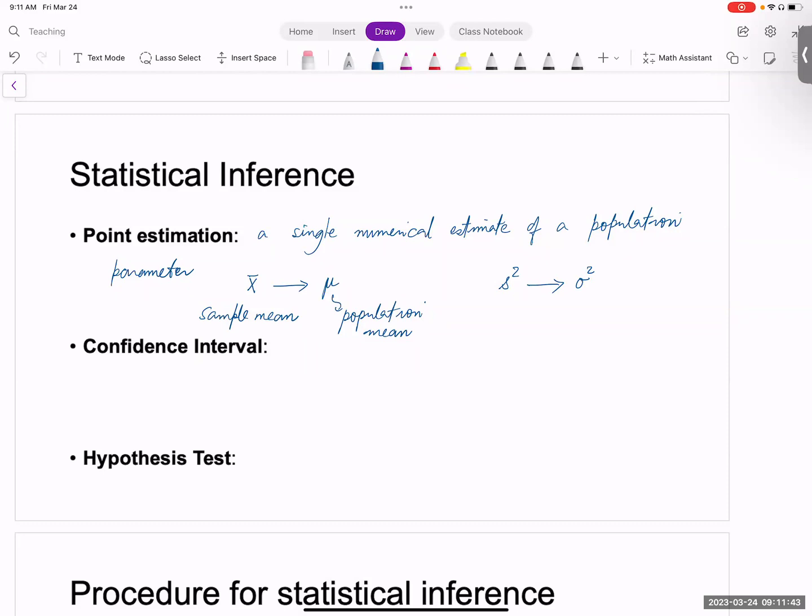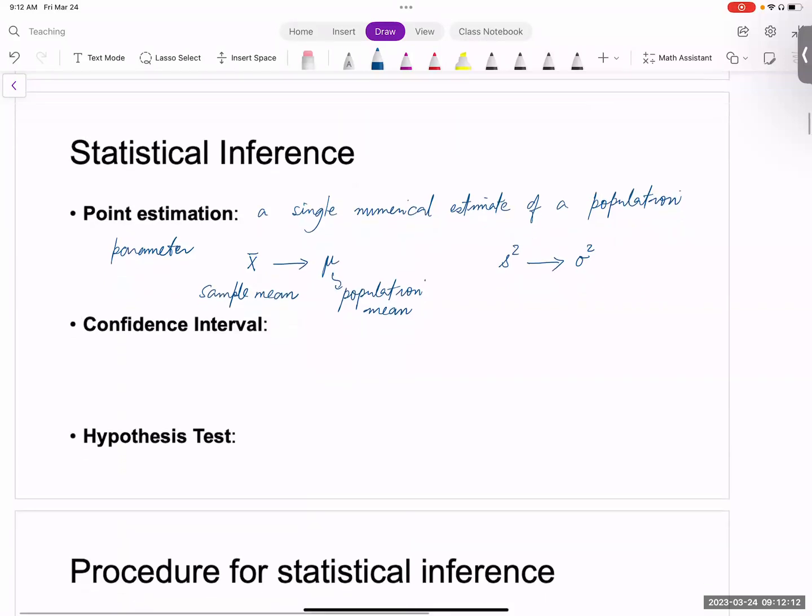Now, many times when we compute these sample means and sample variances, they will have some variability because we're computing them from some data. And as the data changes, the estimates of sample mean and sample variance might change. So instead of giving a point estimate for a population parameter, many times it's useful to give a confidence interval so that we can capture the uncertainty in the estimate of that population parameter.